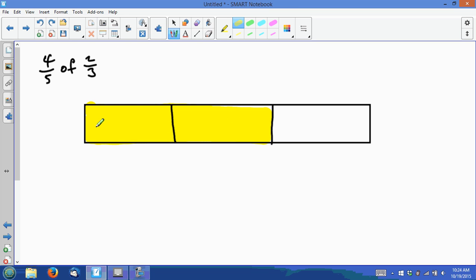Once the shading is done, it's now time to cut. And the fraction on the left, 4/5, tells me what to do. I'm going to cut this into 5 pieces.